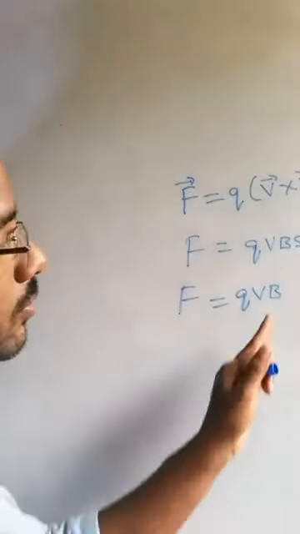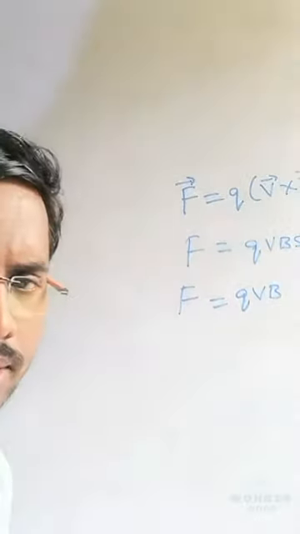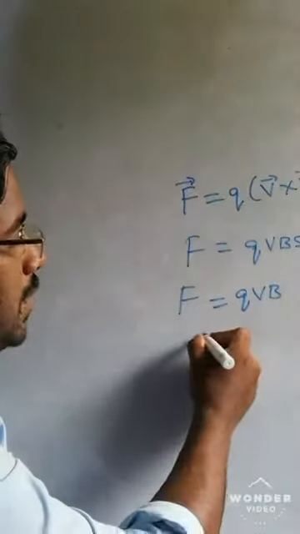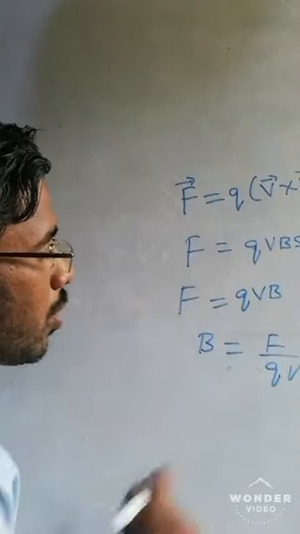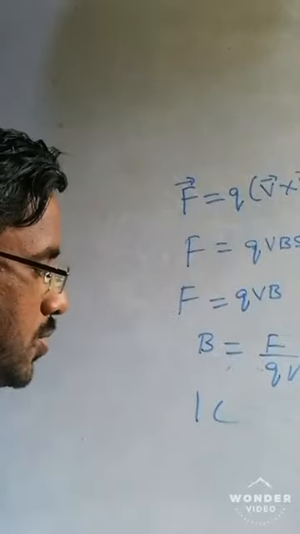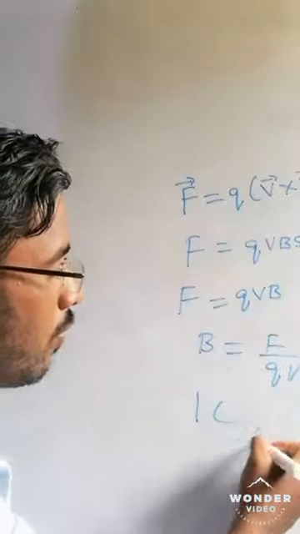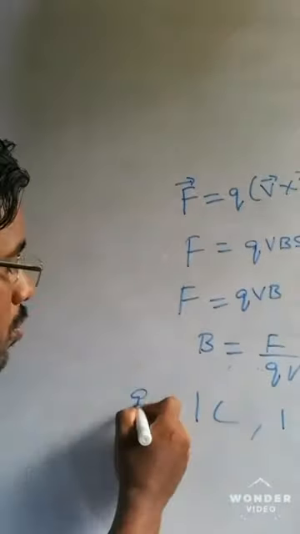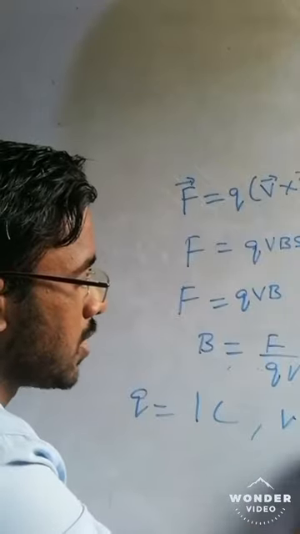Now, let us define what a magnetic field is and let us also discuss its SI unit. So, what will B be? B will be equal to F divided by QV. Now let me consider a unit positive charge of magnitude 1 coulomb moving with a velocity of 1 meter per second. So Q is equal to 1 coulomb and V is equal to 1 meter per second.